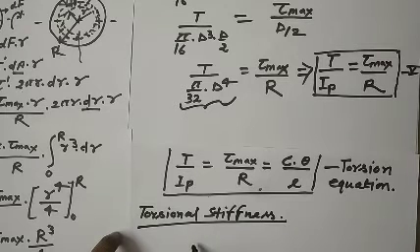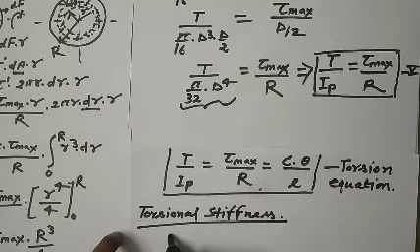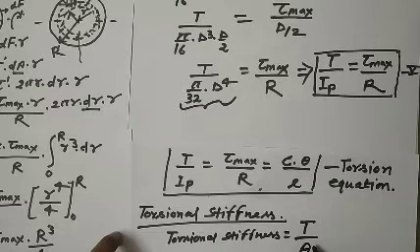Torsional stiffness is basically the rearrangement of this torsion equation. It is denoted by torsional stiffness equal to T by theta. It is also defined as torque per unit angle of twist.